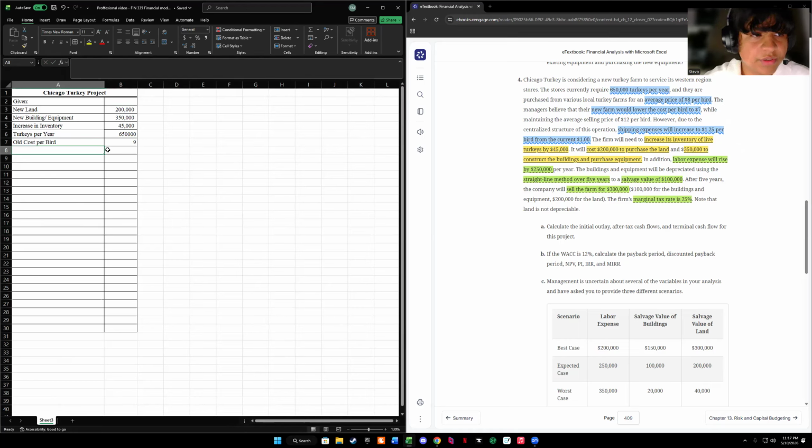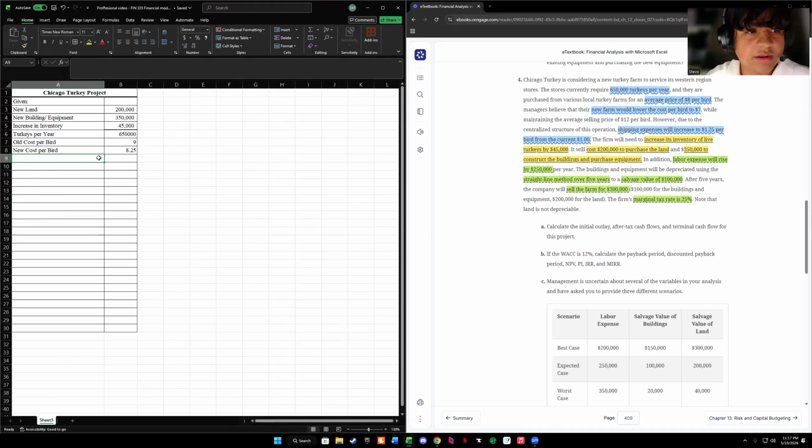Then the new cost per bird, and this is essentially like cost of goods sold, is going to be the new $7 plus the $1.25 change. So that's going to be 8.25.